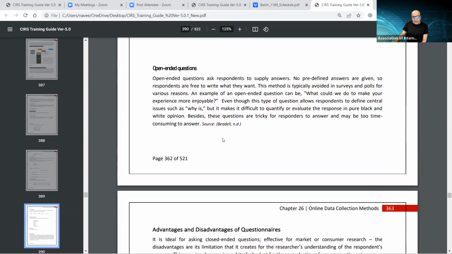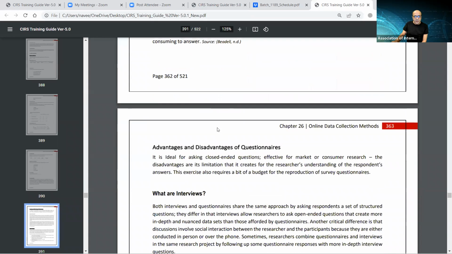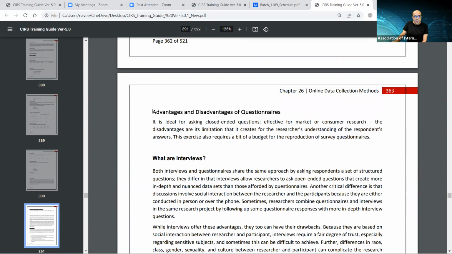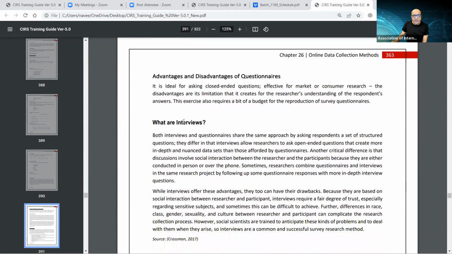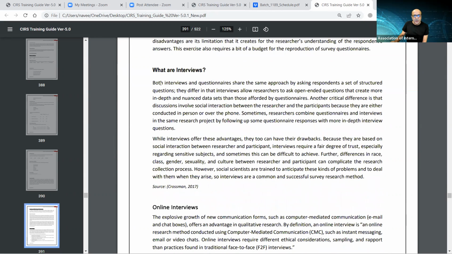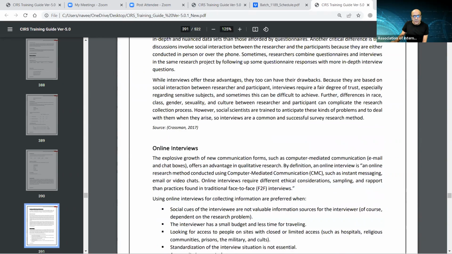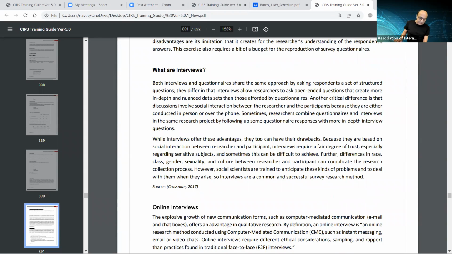Open-ended questions, as I explained to you, are freehand: anything, opinion, something that you can write about as an open expression of what you think. So advantages, disadvantages, I don't want to have to discuss it. What are interviews? What are online interviews? Anything that is embedded in the traditional research world has now transitioned into the digital side of the internet, as virtual platforms are pretty frequently used.